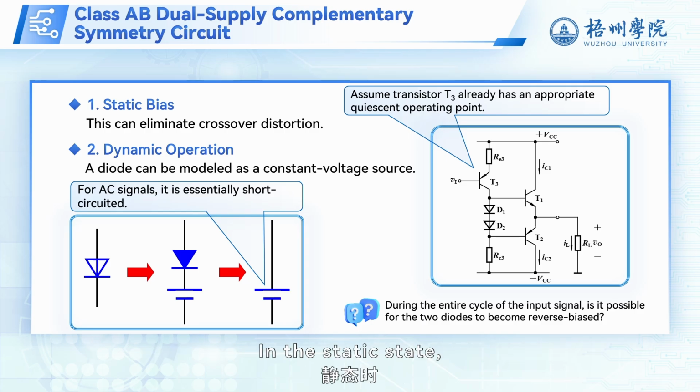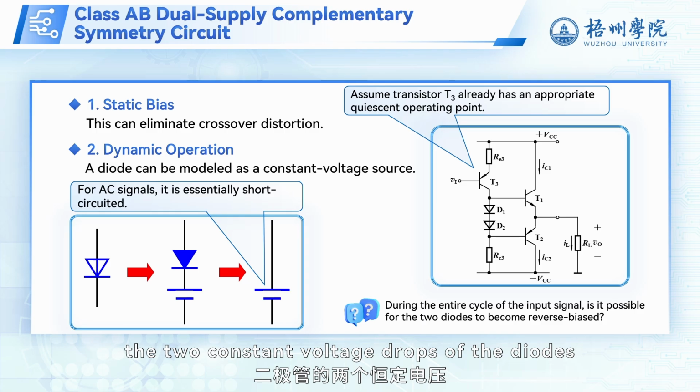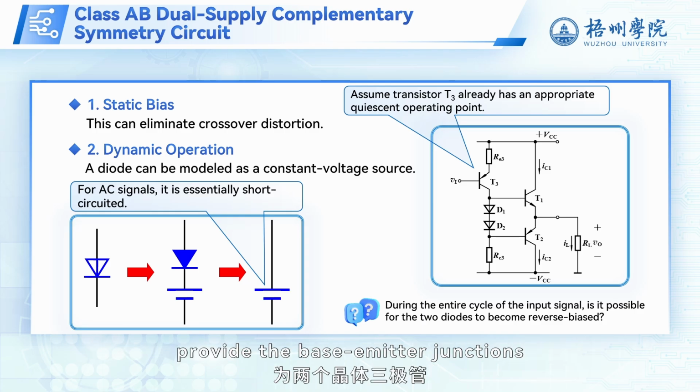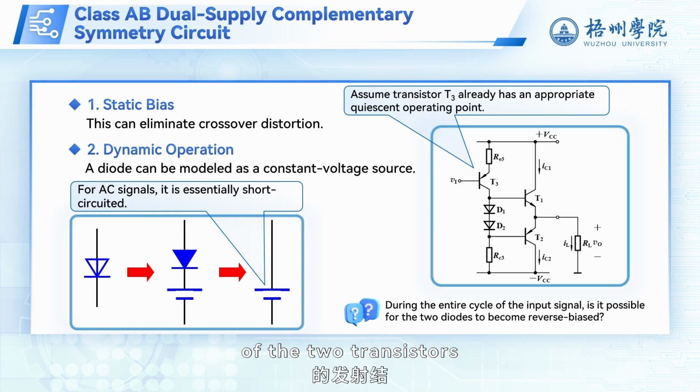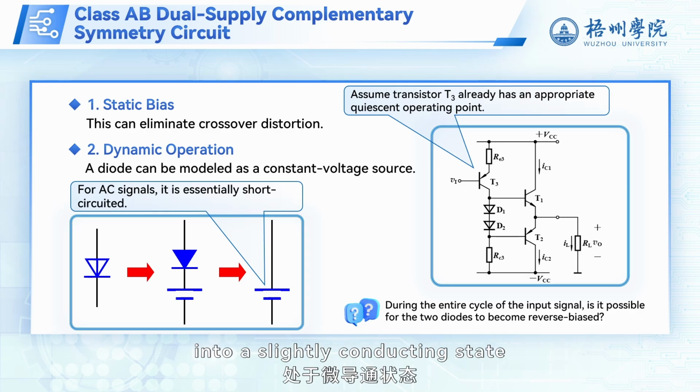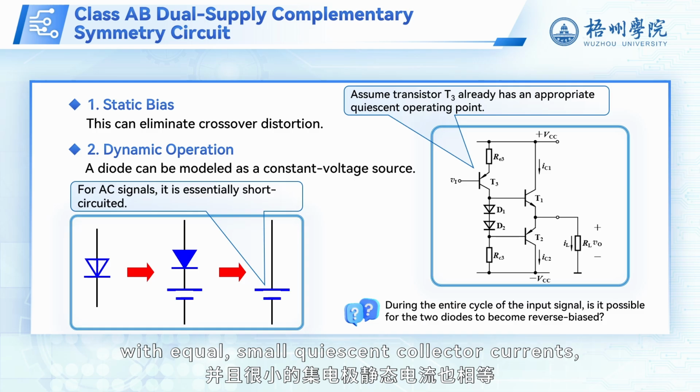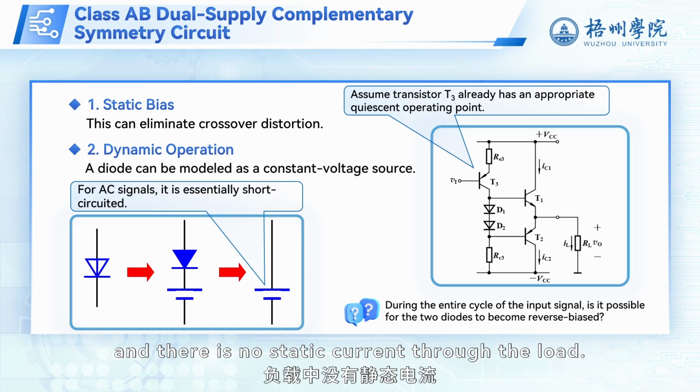In the static state, the two constant voltage drops of the diodes provide the base emitter junctions of the two transistors with a small forward bias. This puts both transistors into a slightly conducting state with equal, small quiescent collector currents, and there is no static current through the load.